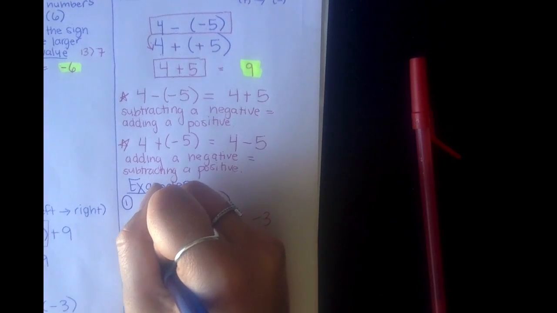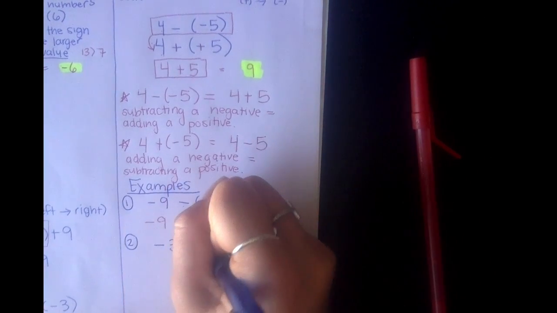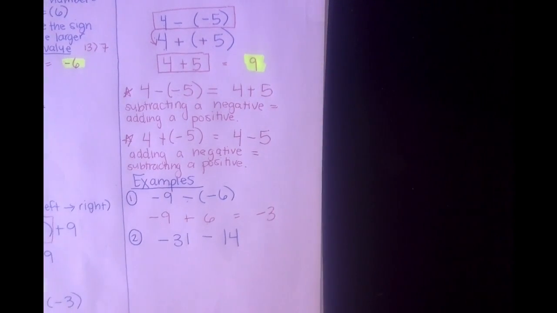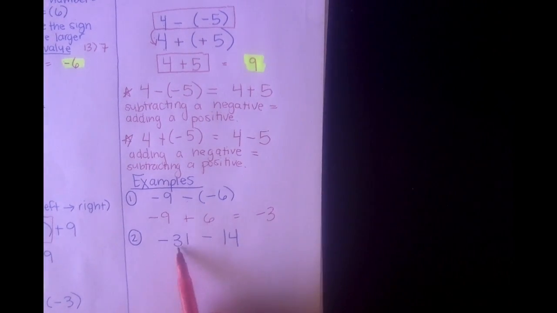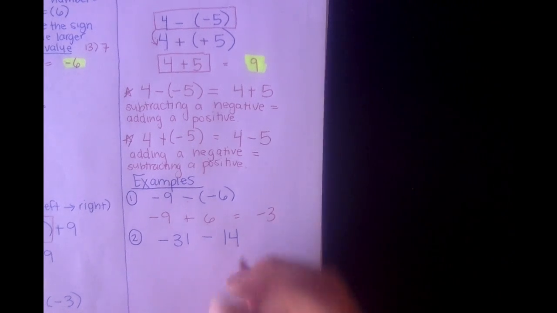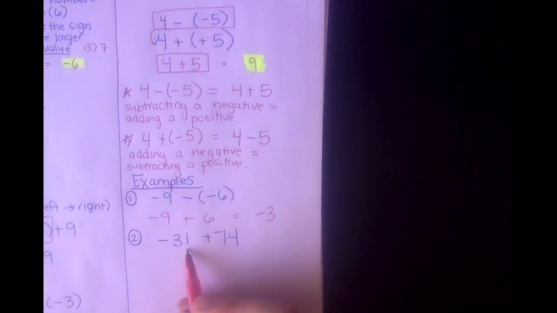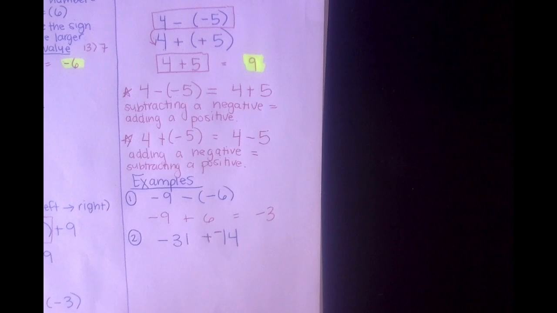Let's try another example. Example 2, I have -31 minus 14. I am subtracting numbers of 2 different signs. So in -31, I stay, and then I change. This is the same problem, it's just easier to solve: -31 plus a -14.